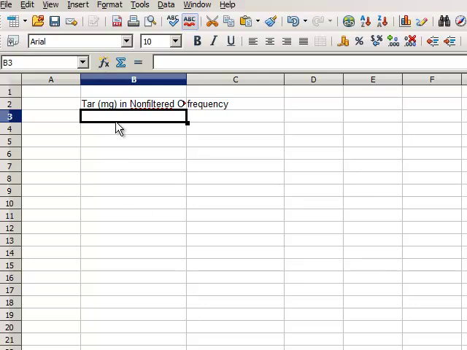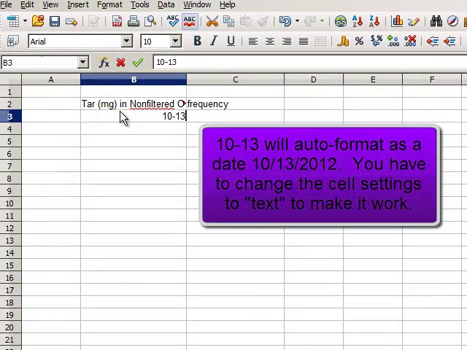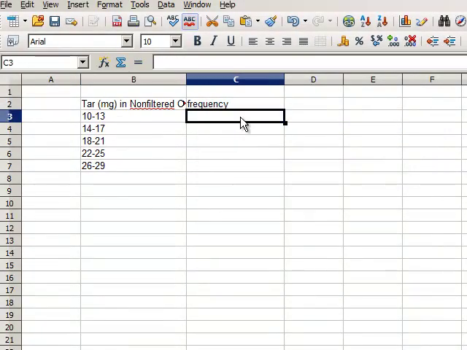10 to 13, 14 to 17, 18 to 21, 22 to 25, and 26 to 29. Alright.